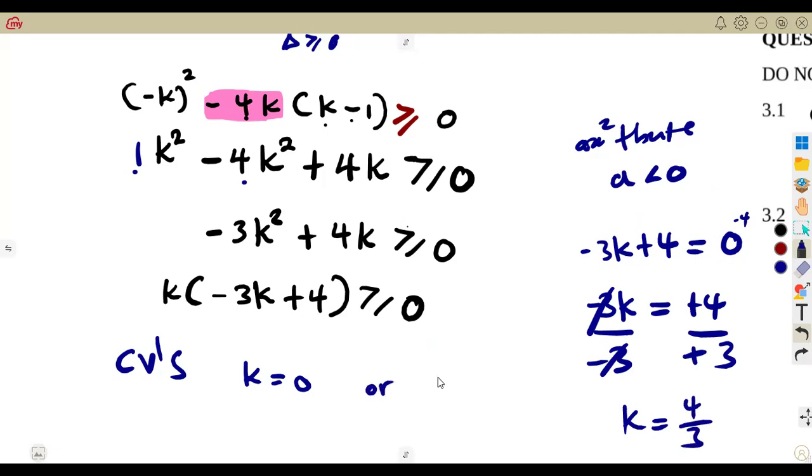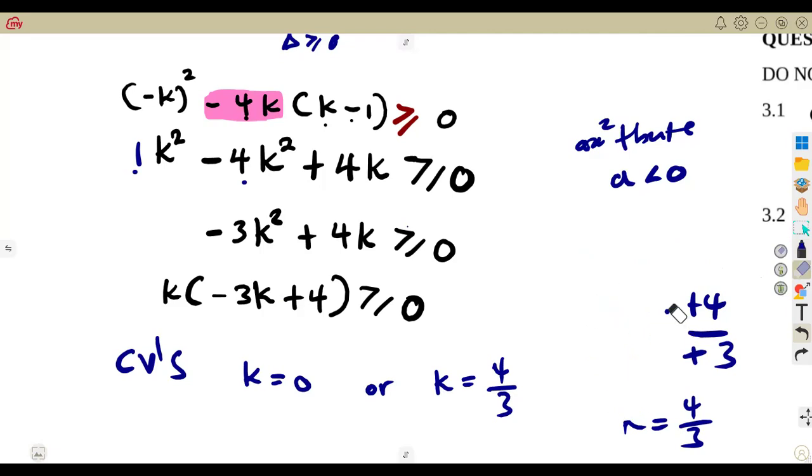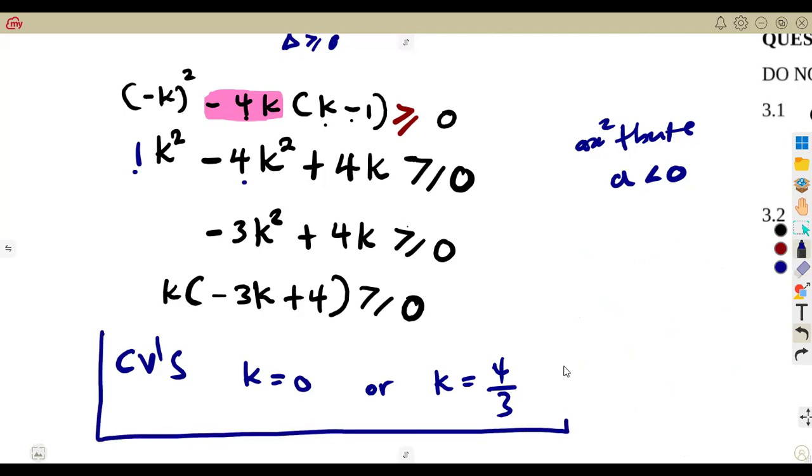All right. So these are the critical values, the roots of the equation, not an inequality. This is when you are solving just as an equation.